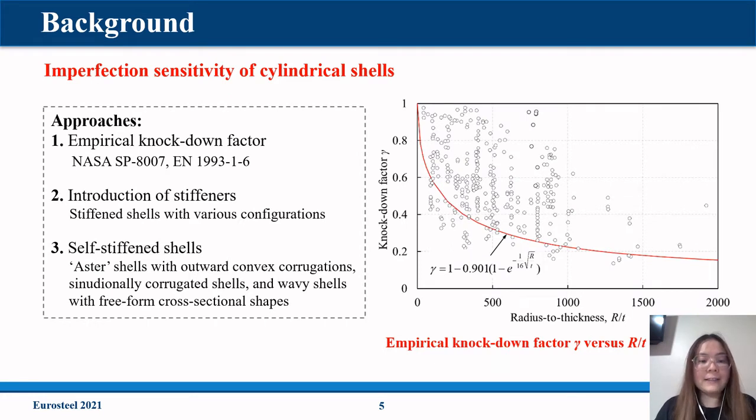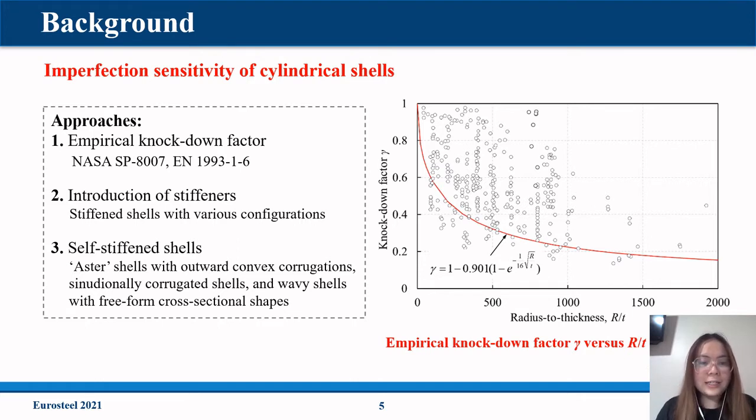In structural design, empirical knockdown factors such as the well-known NASA and Eurocode 3 consider the effect of the imperfections implicitly or explicitly. Another approach is the introduction of stiffeners. The stiffeners can somewhat reduce the imperfection sensitivity, but sensitivity still remains, and additional fabrication requirements can be impractical and costly.